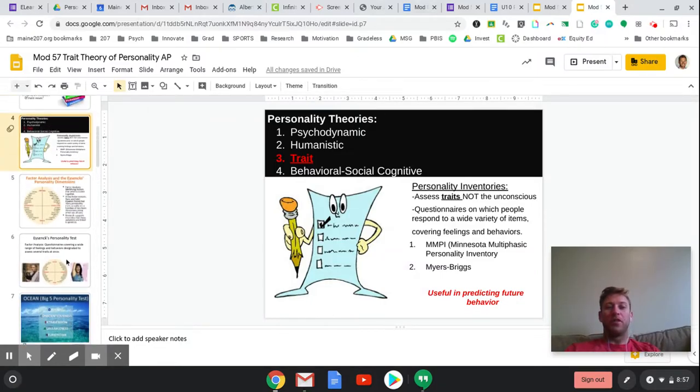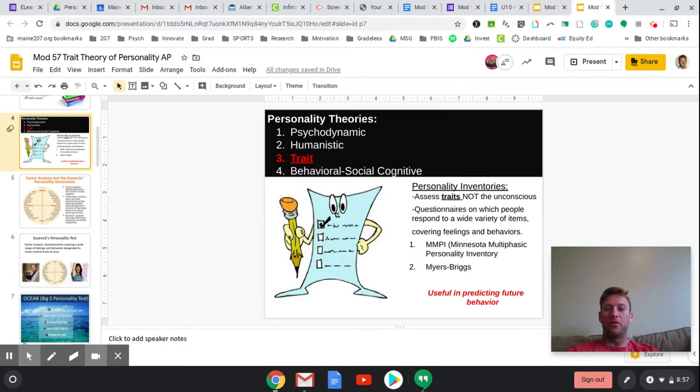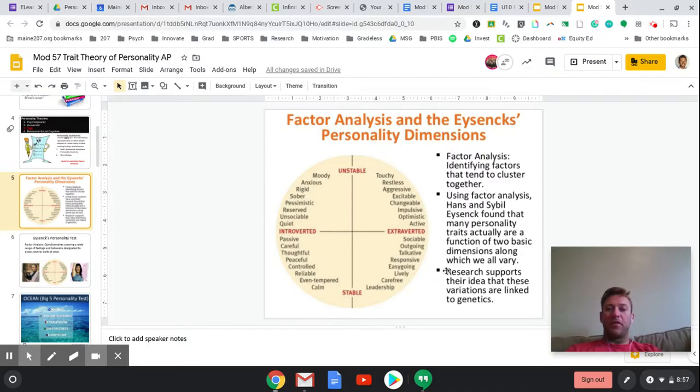The first example we're going to look at is factor analysis. Factor analysis is essentially the idea that we're going to identify factors that cluster together. If you look closely at this chart, you can see that there are different types of extroversion, introversion, unstable, and stable. So Eysenck uses this personality dimension.